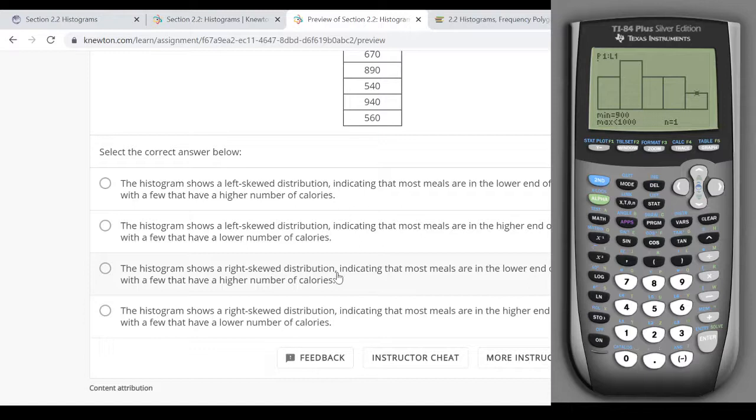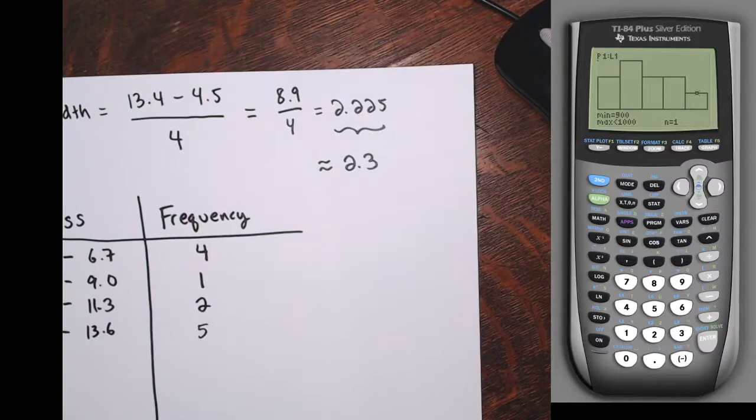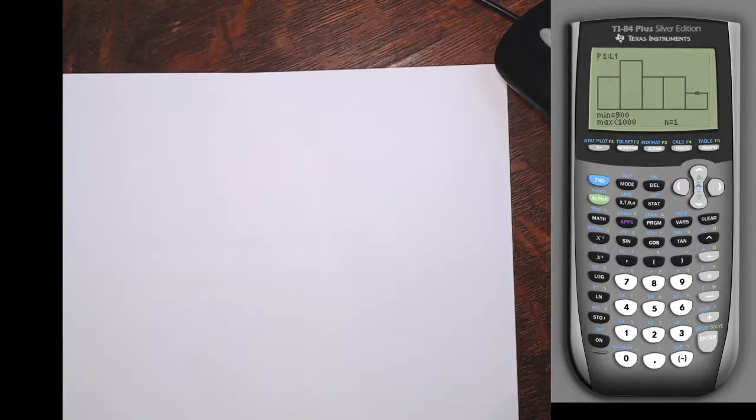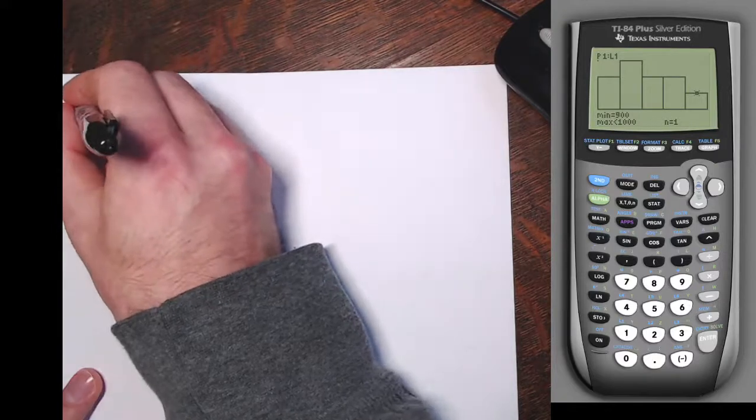All right, let me talk about this real quick. Let's talk about skewing. So, distribution shapes.